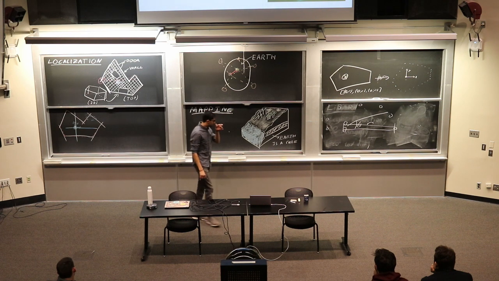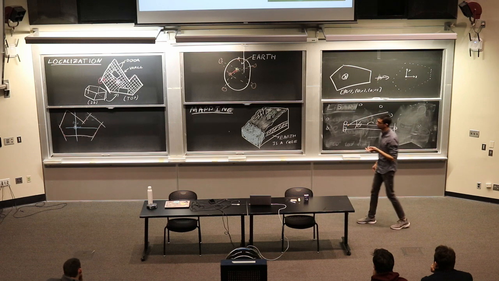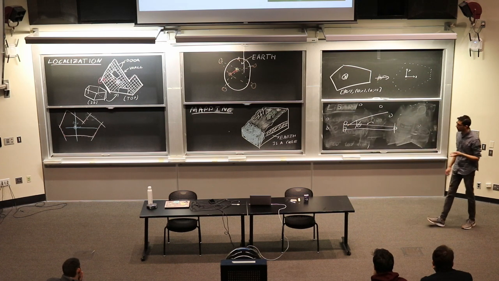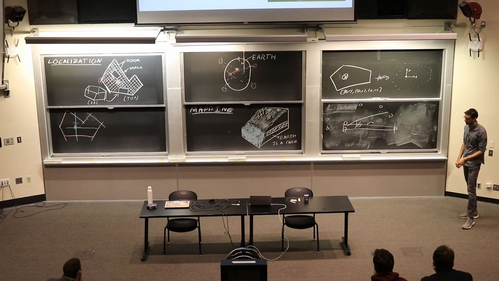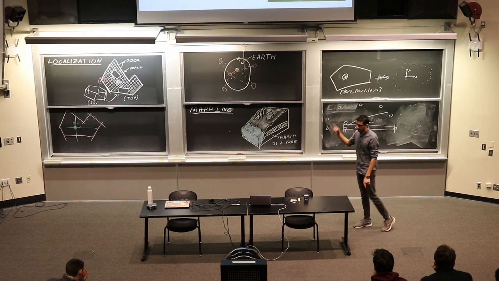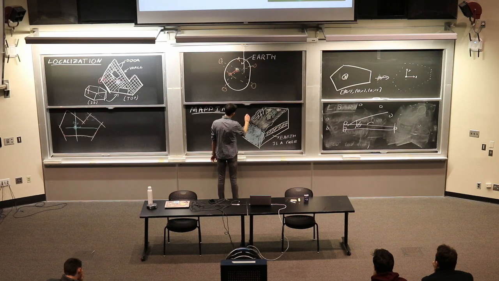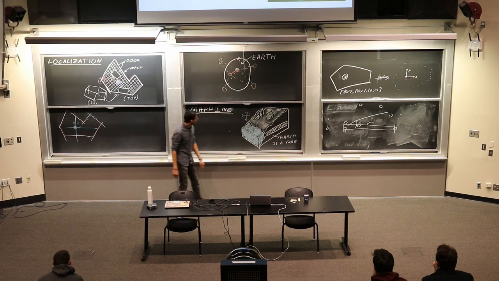Drone mapping has become pretty common in industry today. It's actually one of the most common ways we now map the Earth's surface. And the reason this is possible is because of GPS. So I have a drone. Okay, this is a drone.